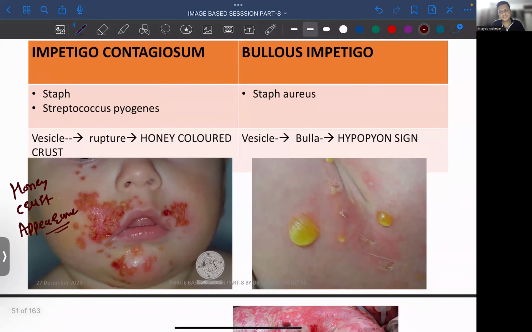Okay, most common organism causing impetigo, and most common organism causing bullous impetigo, answer is this one. Over here, who causes impetigo? Staph, staph.